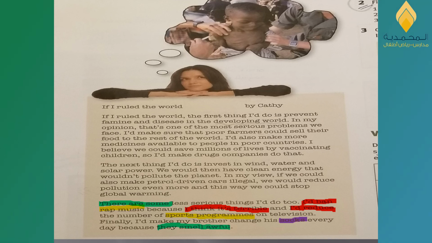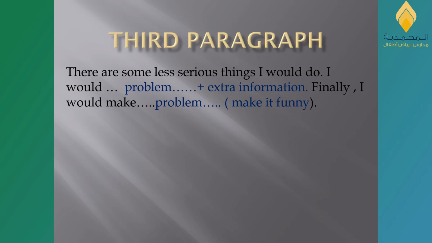This is all for the third paragraph. Now let's have a look at how we structure the third paragraph. In this paragraph, we talked about the least important issues or global issues that we want to deal with. You could start your paragraph by saying, there are some less serious things I would do, and mention that thing. Start your sentence with I would.